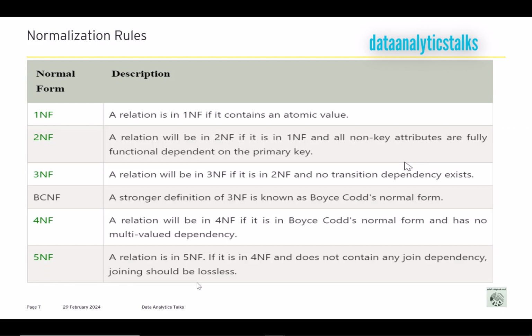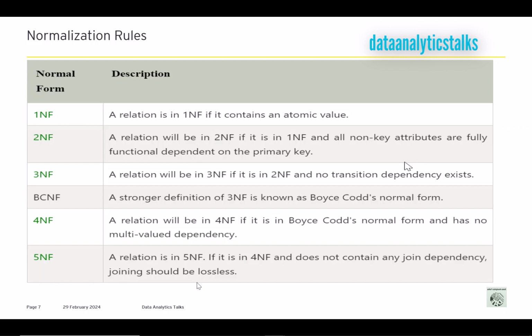A relation will be in 2NF if it is in 1NF and all non-key attributes are fully functionally dependent on the primary key. A relation will be in 3NF if it is in 2NF and no transitive dependency exists. This may be a little difficult to understand, but I am sure you will be able to understand it when we do the exercise.